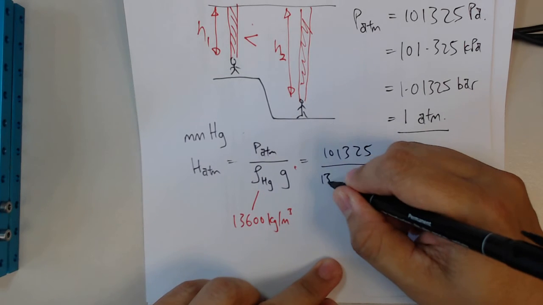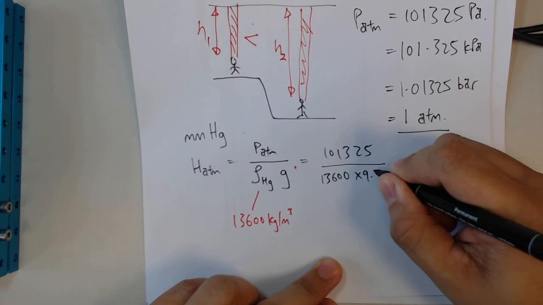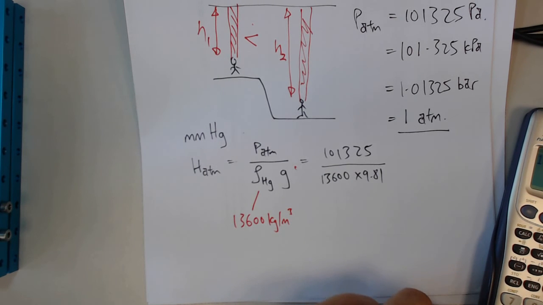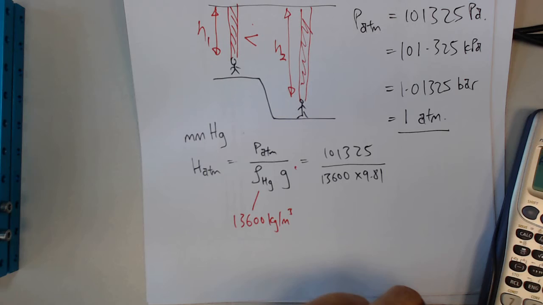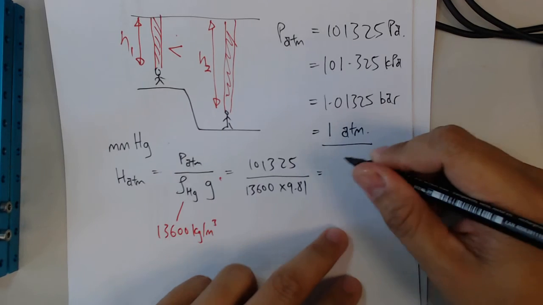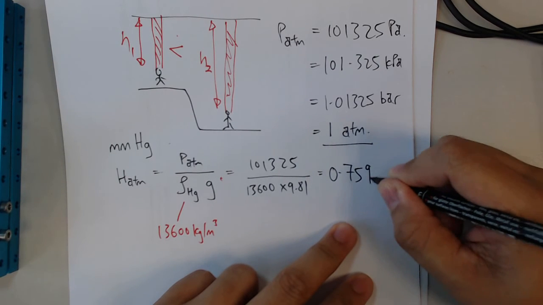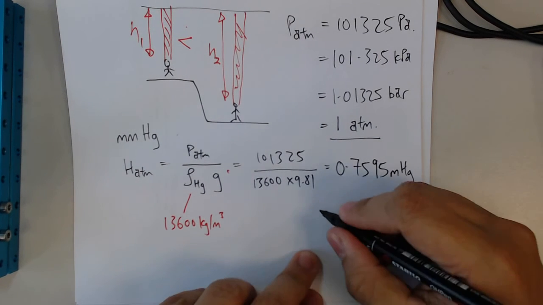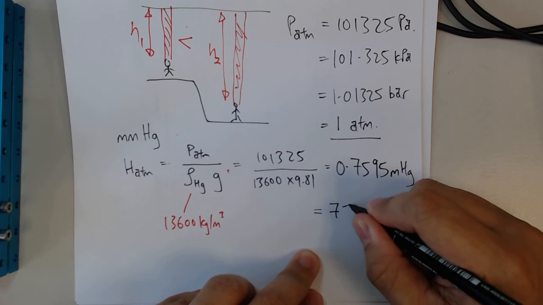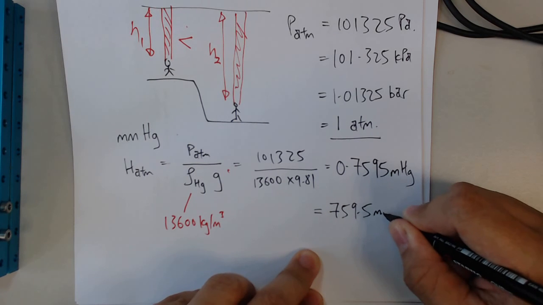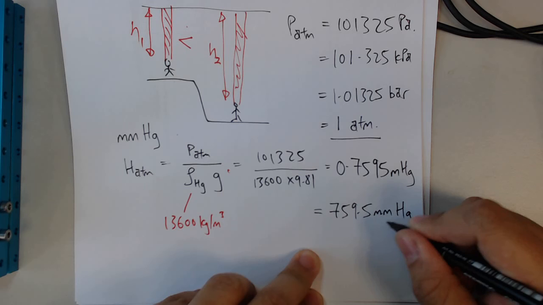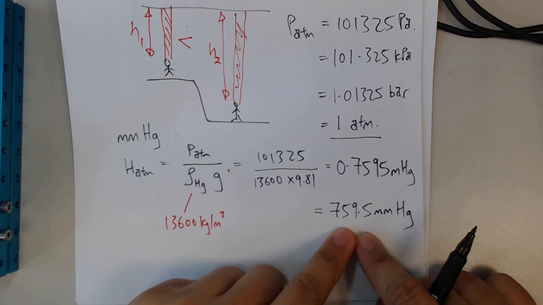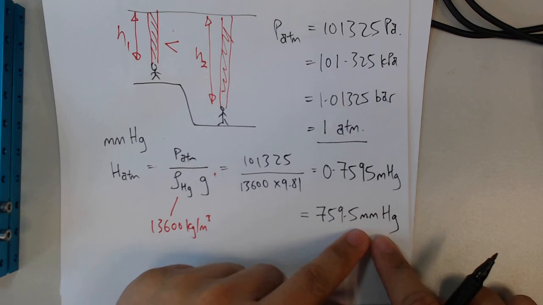So this will be 13,600 multiplied by 9.81, and you will get 0.7595 meters of mercury, which in turn becomes 759.5 mm of mercury. So this is the pressure head of atmospheric pressure expressed in terms of millimeters of mercury.